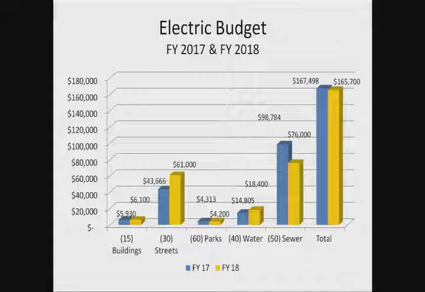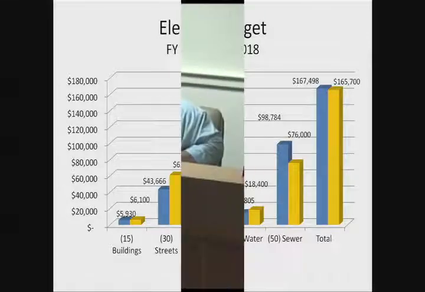Can I ask a question? Sure, please go ahead. Why is that street lights so 61,000? Is that based on adding the poles and new lights and stuff? No, what we do when we get a UGI bill for the kilowatts, we do an allocation based on the past probably 3 or 4 years of history, allocating to the different departments.